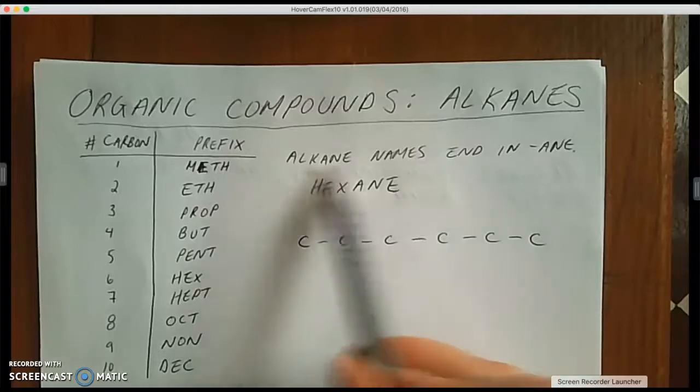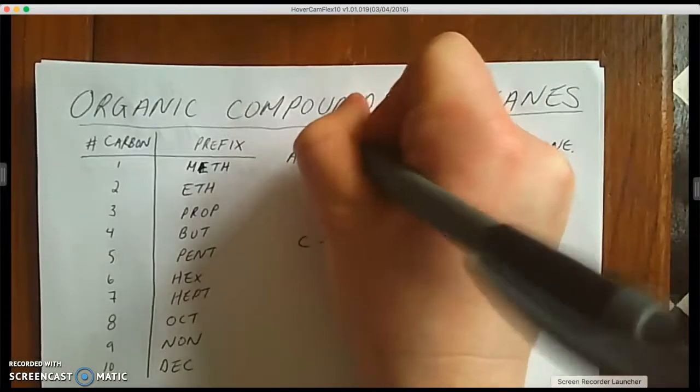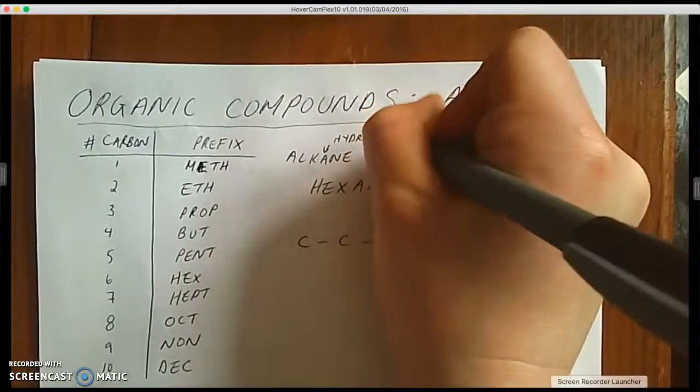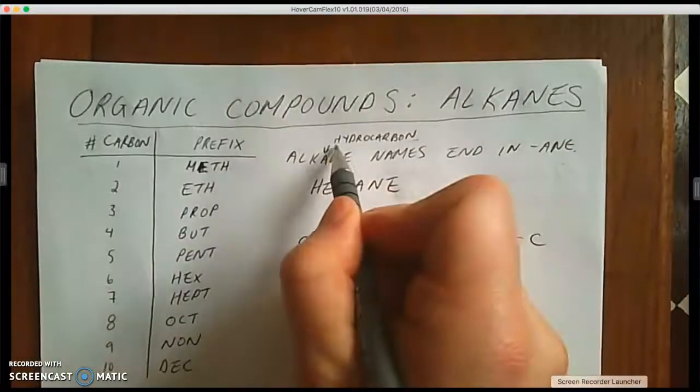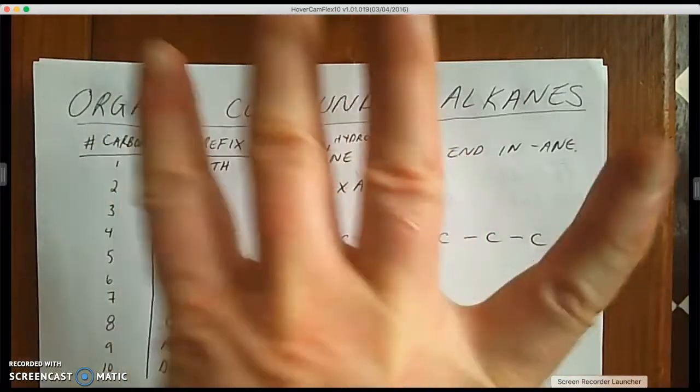The other thing that's going to be present in an alkane is hydrogen, okay? It's called a hydrocarbon. Just going to write that here. Okay, so it contains carbon, that's what makes up the backbone here, and then the rest of the bonding spots are going to be filled up with hydrogen. And carbon can make 4 bonds, okay?